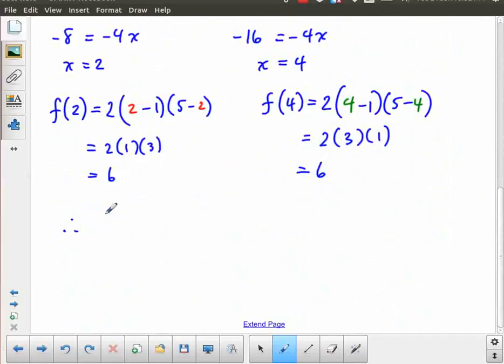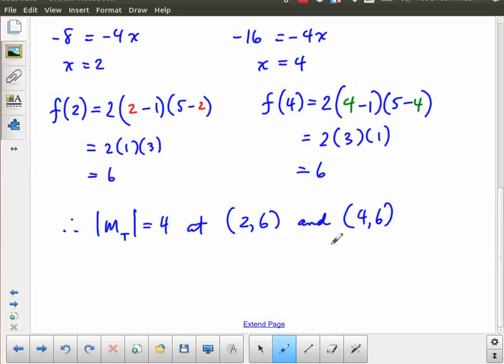So therefore, the absolute value of m tangent is equal to 4 at, and what are my 2 points? One of those points is (2, 6), and the other one of those points is (4, 6). And from this symmetry, we can actually tell that the vertex is halfway between.